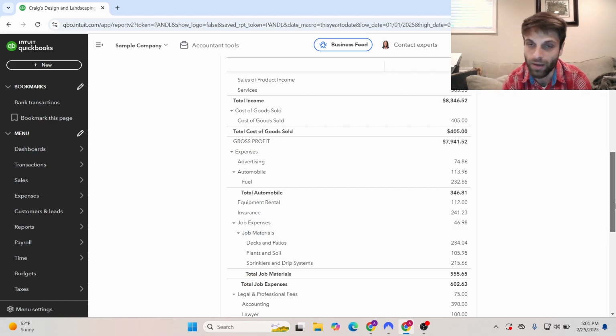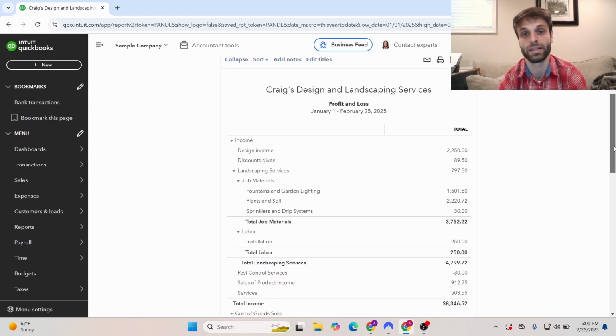So if I was the bookkeeper for this company, this is something I would at least talk to the business owner about. Maybe we can change that. But anyways, we have fountains and garden lighting, right? This is how much the company made during this period from fountains and garden lighting installations.